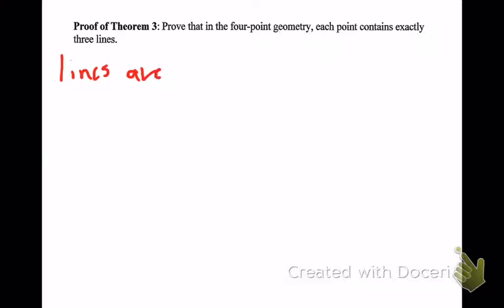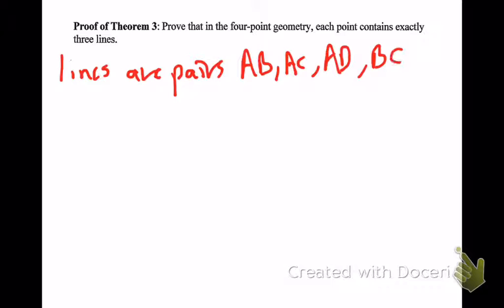The lines are pairs of AB, AC, AD, BC, BD, and CD. Those are my lines. Alright. So how can we show that each point appears in exactly 3 lines? How could I go about doing that? What would I do?